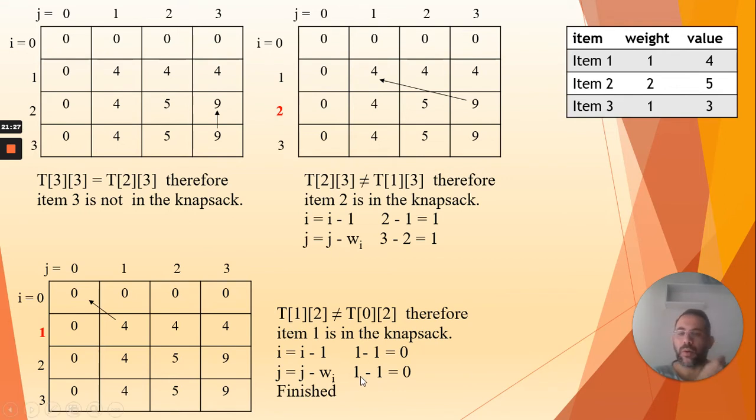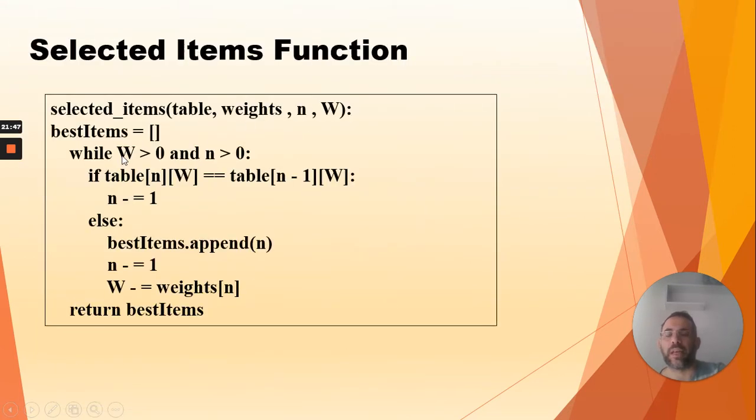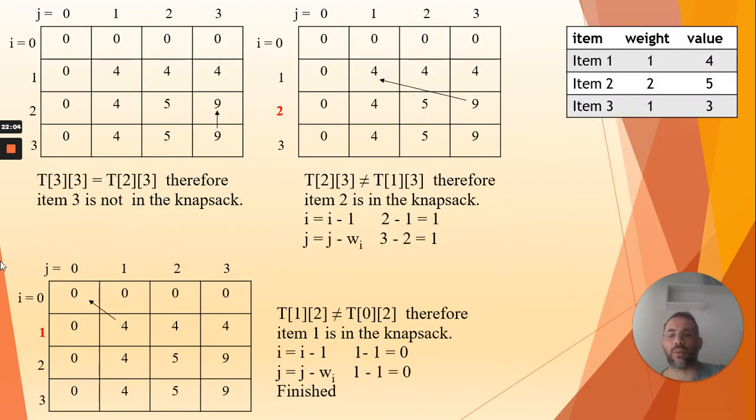We will subtract 1 minus 1, where 1 represents the capacity and 1 the weight of item 1. The result is 0. That means, as we see in the function, the stopping condition is when the number of items or the capacity is 0. We reached 0, which means we have finished.